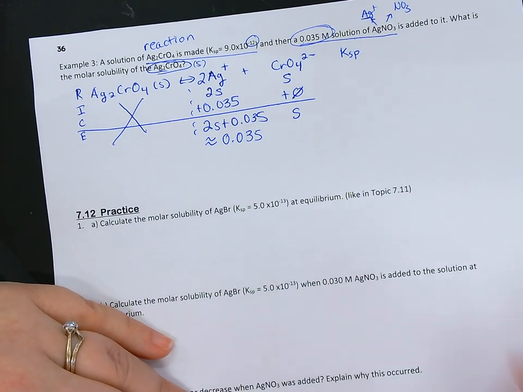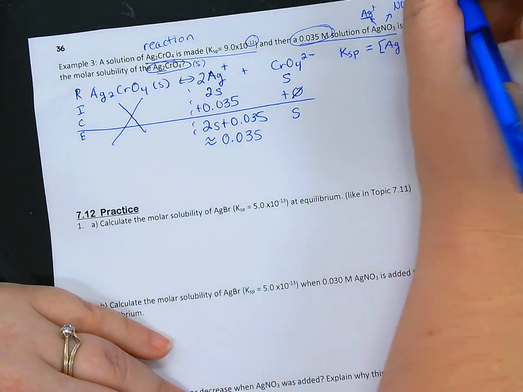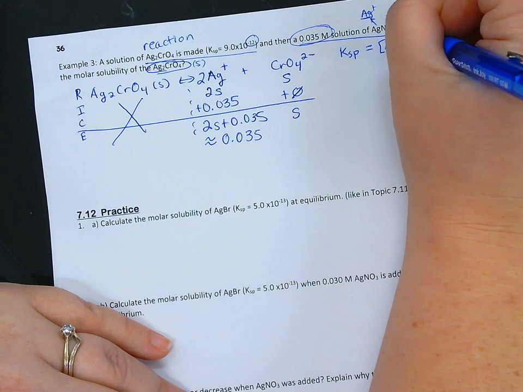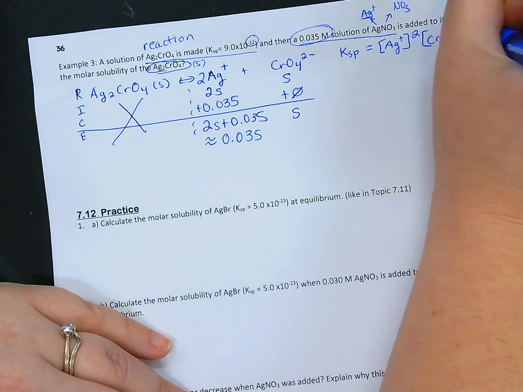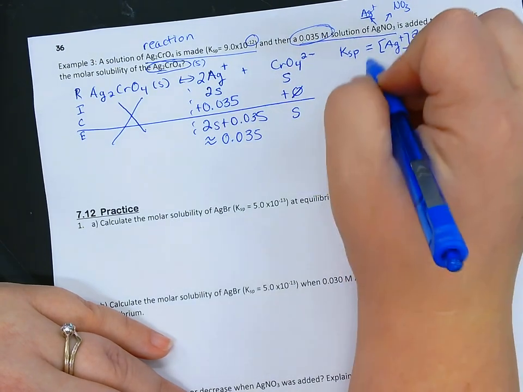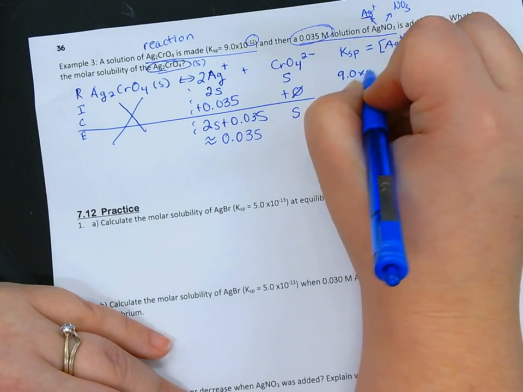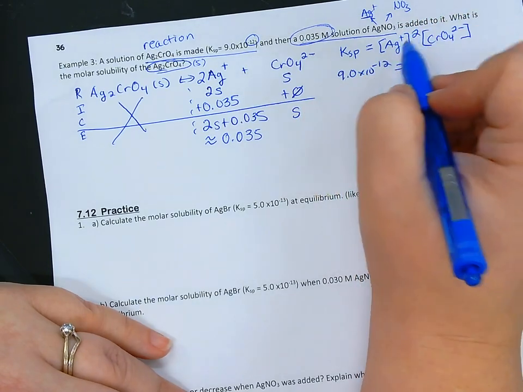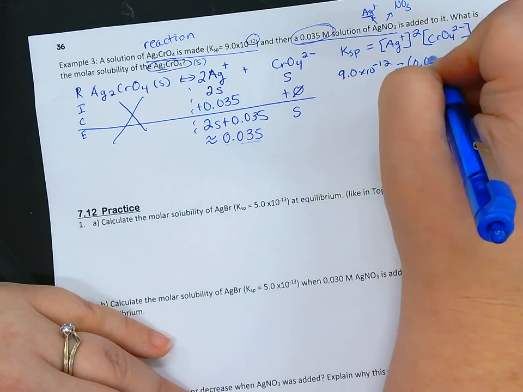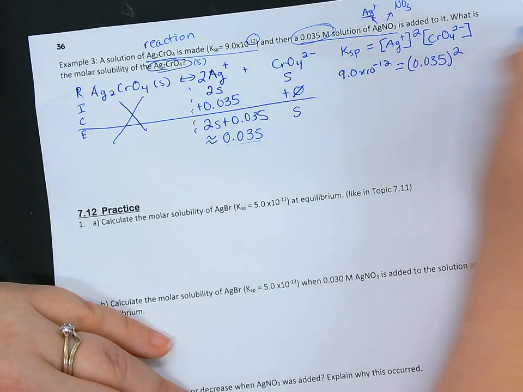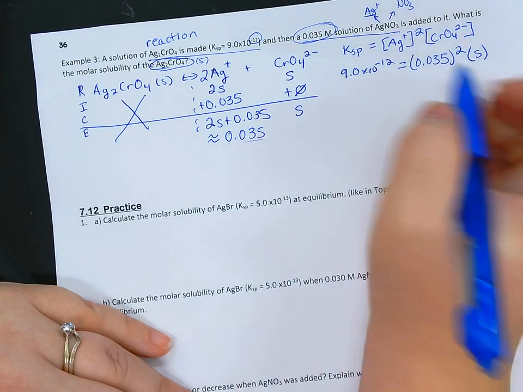I've got Ag plus squared times CrO4 2 minus. I'm going to replace my KSP with my value. 9 times 10 to the negative 12 equals, my silver is coming from here, 0.035, and I am squaring that. And then my chromate is just S.